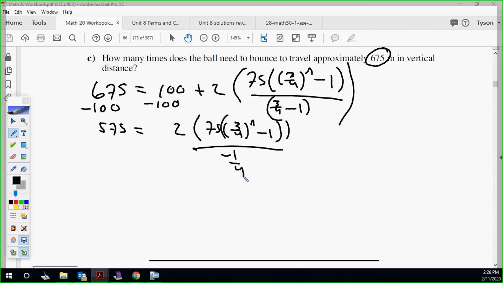So if we move that over, it should give me, let's see here, so 2 divided by negative 1/4, negative 8. What's 575 divided by negative 8? Somebody do that for me?